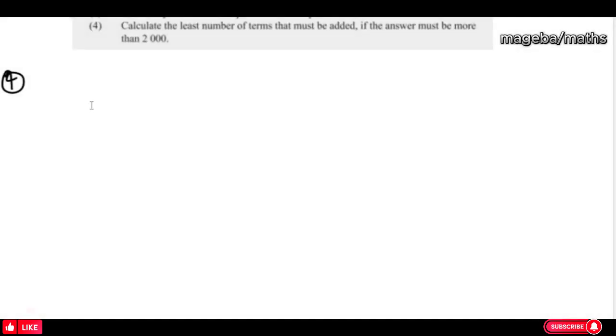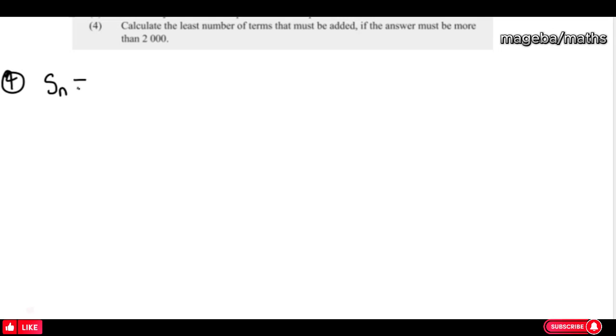So now number 4, it's saying calculate the least number of terms that must be added if the answer must be more than 2000. Remember, must be added, meaning we are still on the sum.